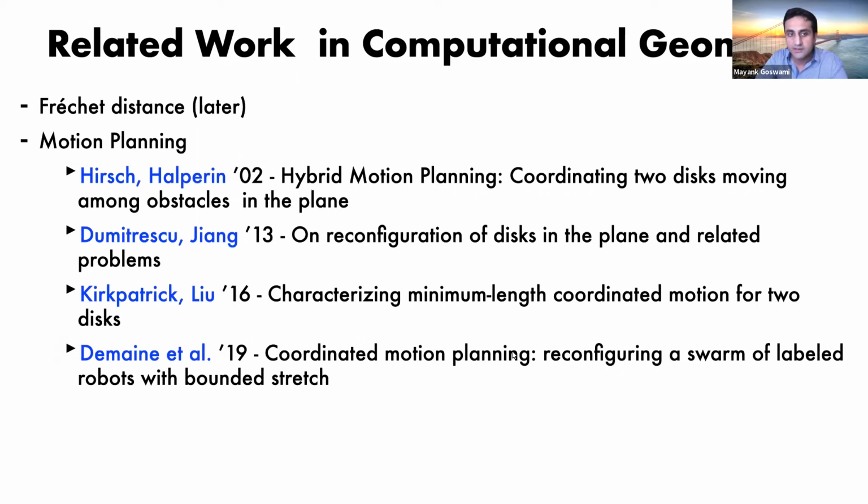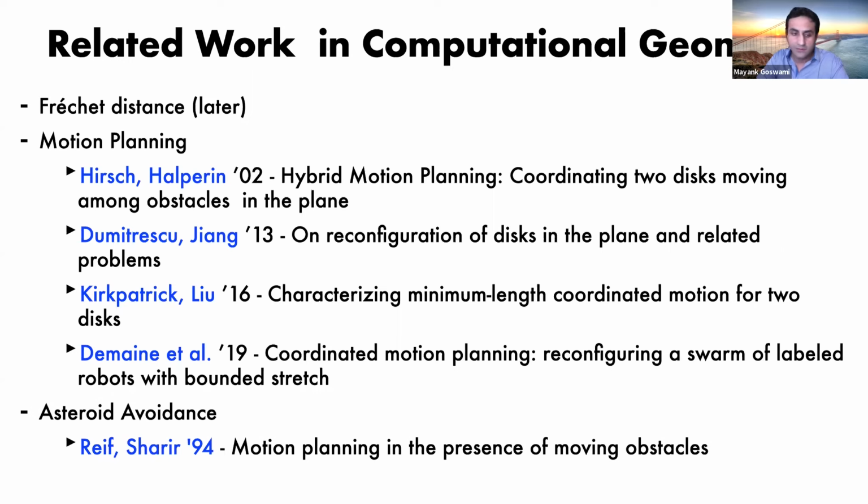More importantly, it is related to motion planning, where there has been work on either coordinating two disks that are moving in the plane, or very recently, reconfiguring a swarm of robots. So you have a bunch of robots, and each robot has a starting point and a final point, and they're trying to find trajectories to go from the starting point to the final point while not intersecting any other robot. So it's related to motion planning.